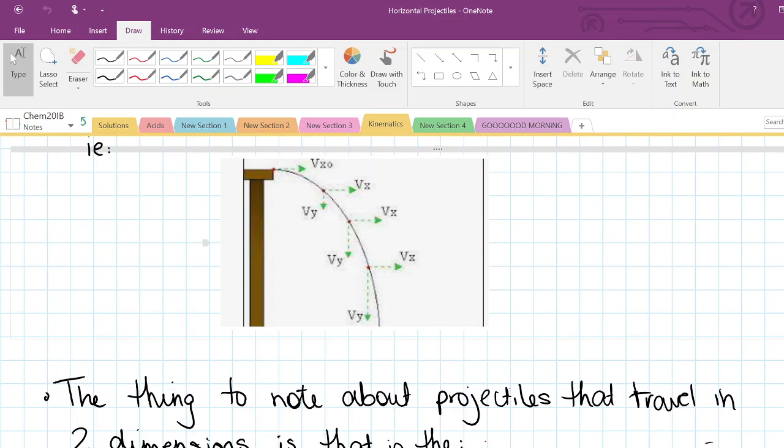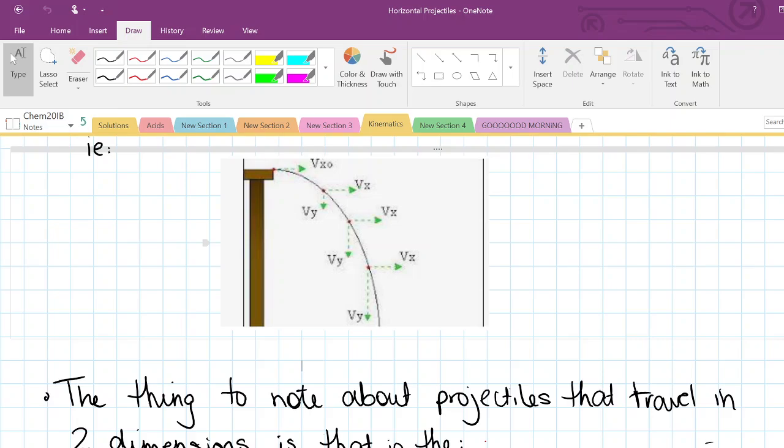So the velocity in the x direction is not changing at all when the object falls toward the earth. As the object leaves the table, the magnitude of this x velocity vector is the same all the way throughout.